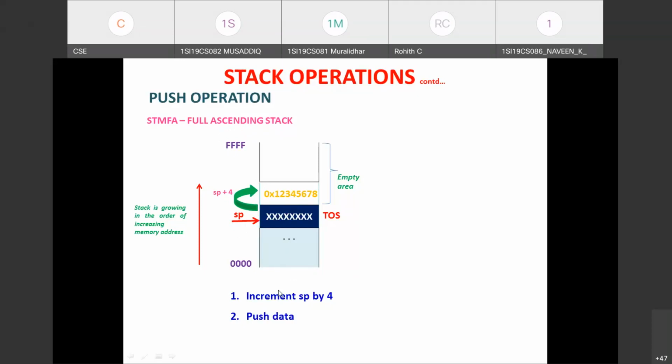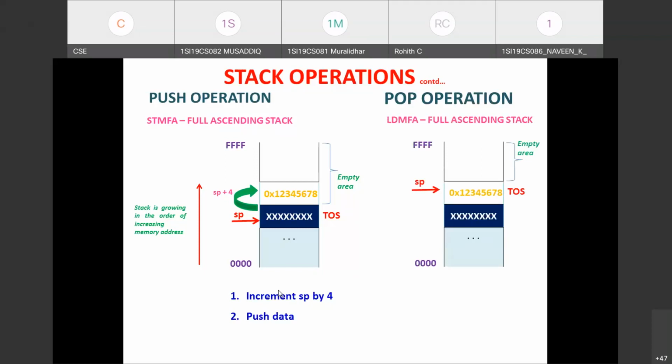If you are performing the pop operation, it is the LDMFA instruction you are using for full ascending stack. So this is the representation. Just observe. After performing the push operation, just see where SP is pointing to. It is the last element inserted. So now if I want to perform pop, SP is already pointing to the data to be deleted.